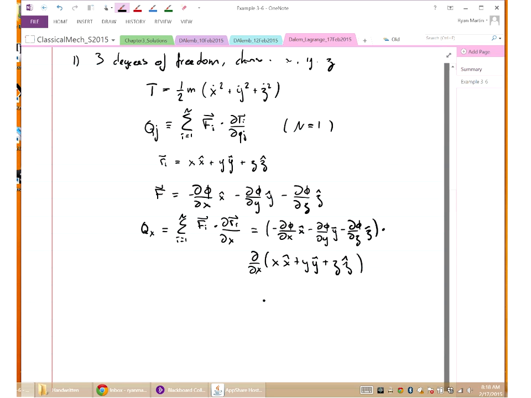And ∂ by ∂x of that is just x hat. So I'm dotting the terms with the phi's to the term with just x hat. So that's going to pick out only the x hat component, and so that's going to give me minus ∂phi by ∂x.